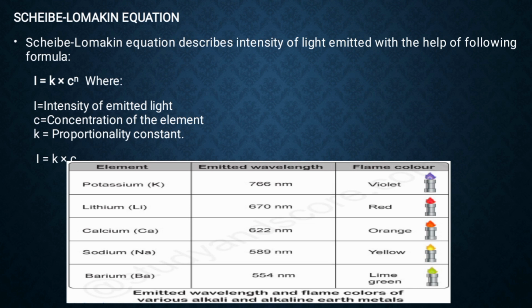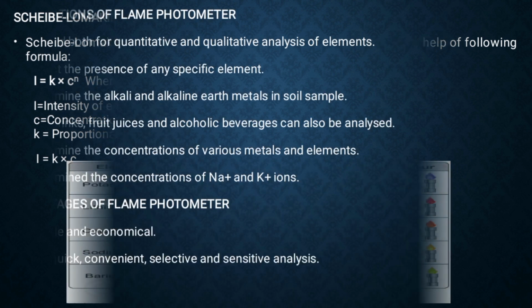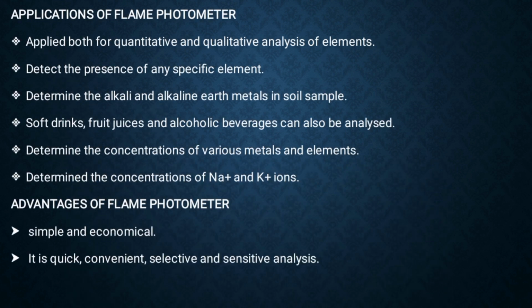Next, we will see the applications of flame photometer. This flame photometer can be applied to both quantitative and qualitative analysis of elements. The flame photometer can detect the presence of any specific element in the given sample.